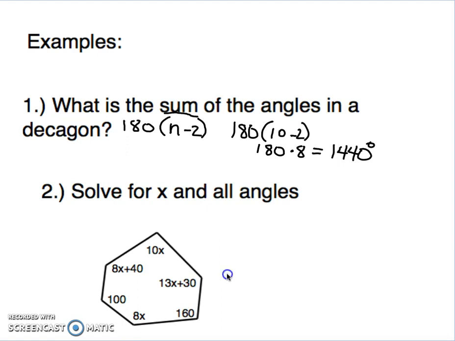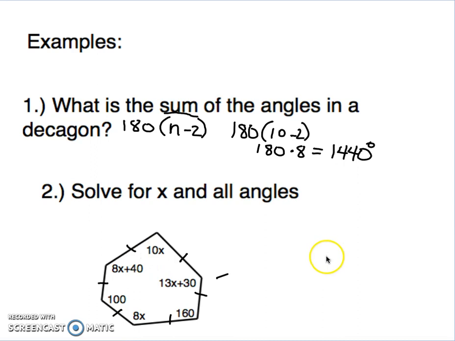Well, in this picture here, we are going to add up all of these, but we don't know what to set it equal to yet because we don't know how many degrees are on the inside of this figure. So the first thing we need to do is figure out how many sides it has. So if I count these, I've got 1, 2, 3, 4, 5, 6 sides.